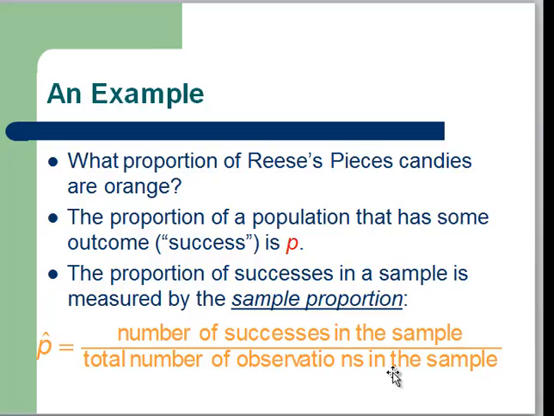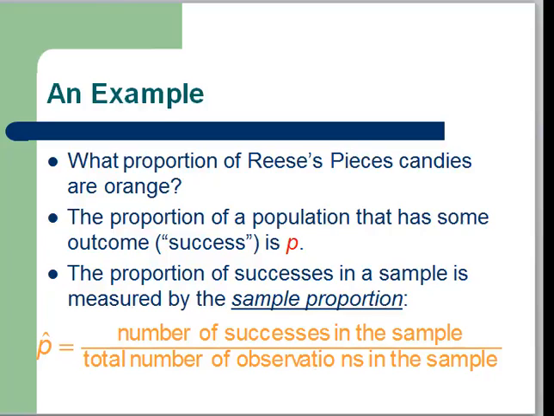Suppose it had 37 candies in it when I took it home and opened it up. So my denominator is going to be 37. I have 37 candies in this little packet of Reese's Pieces candy. If I count the orange candies, say there are 15 orange candies in there, then 15 divided by 37 would be my sample proportion for that particular package of Reese's Pieces candy.